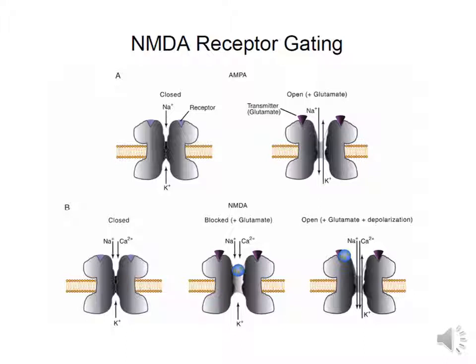However, upon binding of the neurotransmitters glutamate and glycine, the channel opens, but it still does not allow ions to flow through due to the blockage by magnesium and zinc. It requires not only binding of the neurotransmitters, but also a depolarization of the membrane to fully unlock the channel, remove these magnesium and zinc ions, and fully allow the cations to go through the channel.